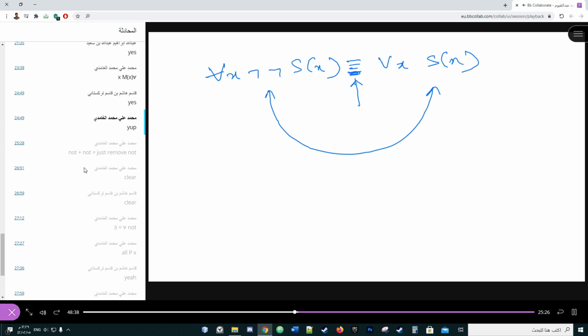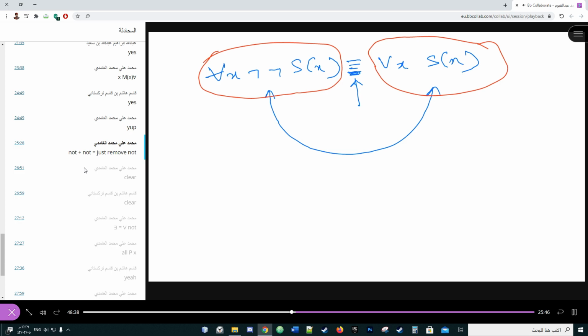The expression on the left should have the same truth values as the expression on the right. Yes, Muhammad Ali, the purpose here is to say that the expression on the left has the same truth value as the expression on the right. So this is equivalence in predicate logic, the same as propositional logic.